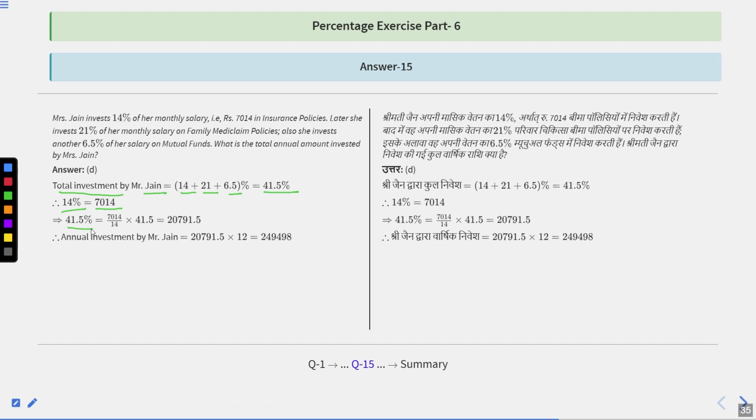So what will be 41.5%? 7,014 divided by 14 and multiplied by 41.5, which is 20,791.5. Then the question asks for the annual investment by Mrs. Jan. So the annual investment is 20,791.5 multiplied by 12, which is 2,49,498. So D is the correct answer. Next one.